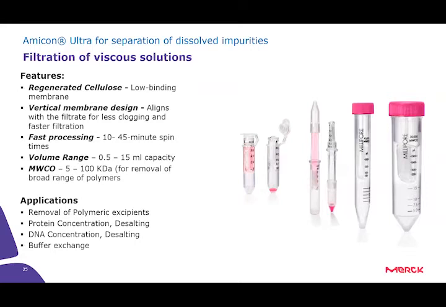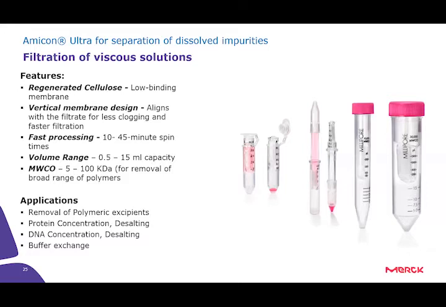We have ultrafiltration membranes containing regenerated cellulose as a low binding membrane, allowing for filtration of samples which contain dissolved impurities. The separation here is based on the molecular weight and the molecular weight difference between the analyte of interest, which is generally a low molecular weight pharmaceutical component, and high molecular weight polymers, which are used as excipients in these formulations.